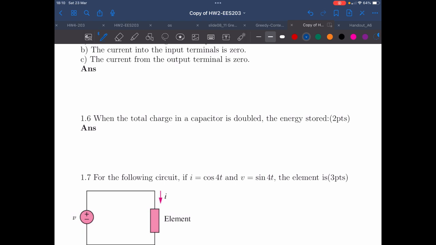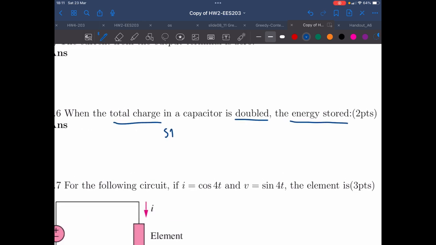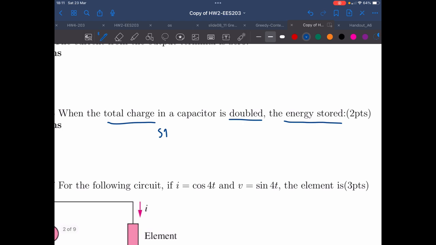In question 1.6, when the total charge in a capacitor is doubled, what is the value of the energy stored? Now to begin step 1, we need two equations that represent the relation between the total charge and the energy.